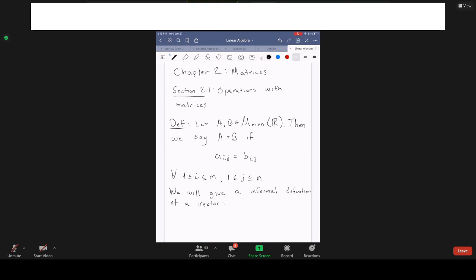So now we're going to start translating all the language that we did with systems of equations to the language of vectors.